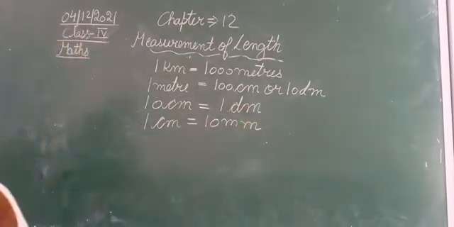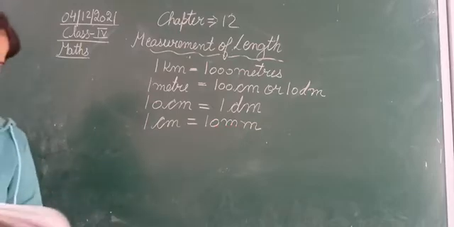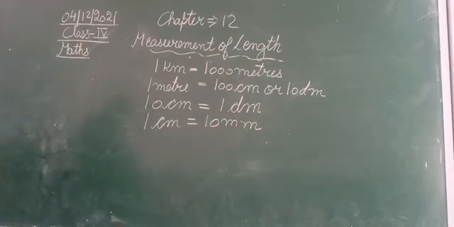Okay, so these are the very important few measurements that you have to keep in your mind. 1 kilometer is equal to 1,000 meter, 1 meter is equal to 100 centimeter, 10 decimeter. 1 decimeter is equal to 10 centimeter and 1 centimeter is equal to 10 millimeters. So these units you have to keep in your mind.